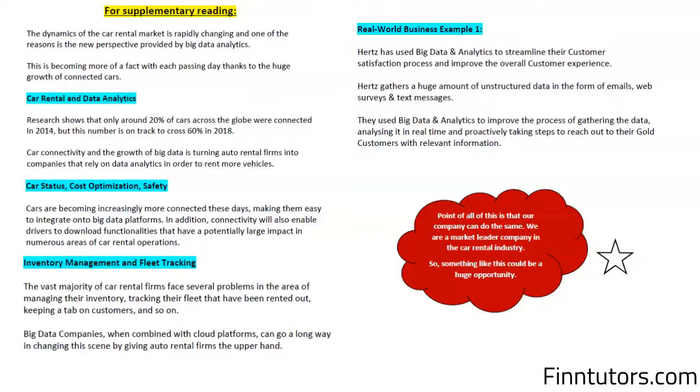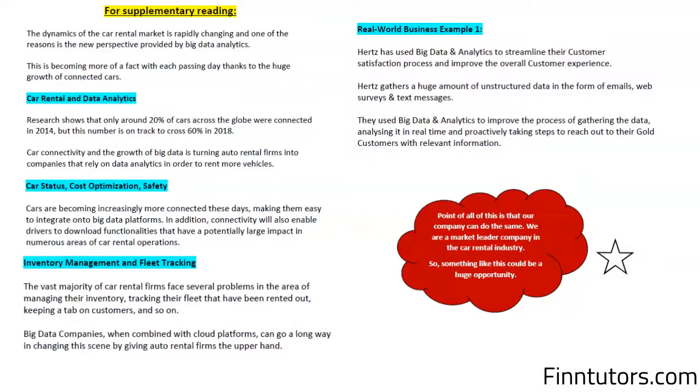The vast majority of car rental firms face several problems in managing their inventory and tracking their fleet. Big data companies, when combined with cloud platforms, can go a long way in changing this scene by giving auto rental firms the upper hand. Clear, simple inventory and fleet management with the help of data is a real competitive advantage.